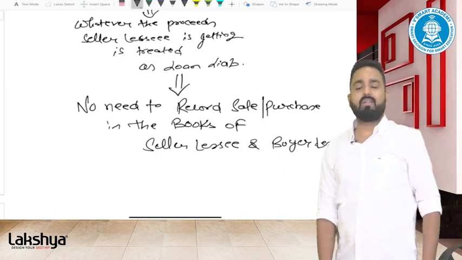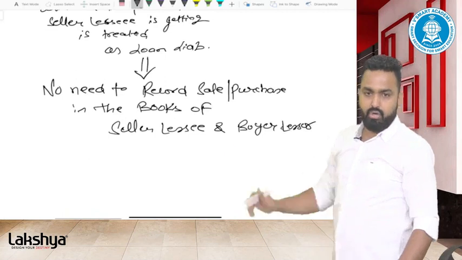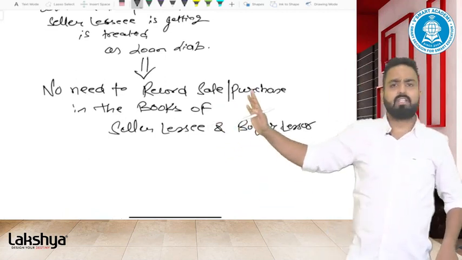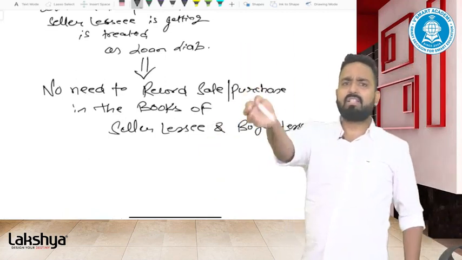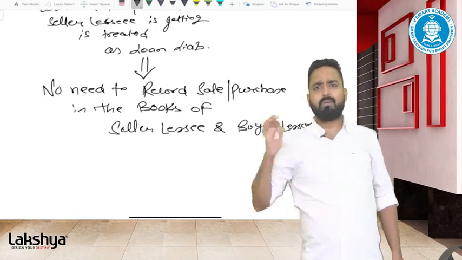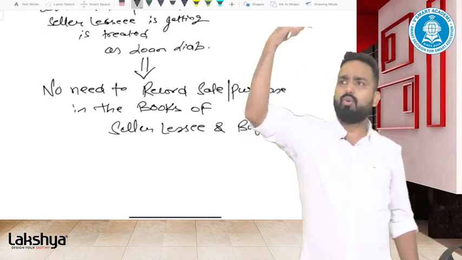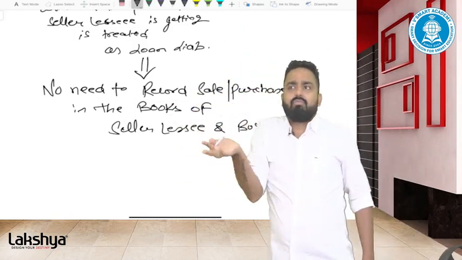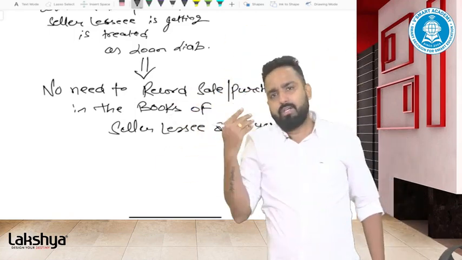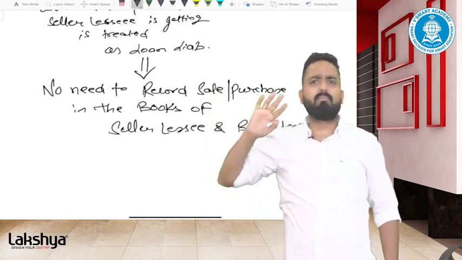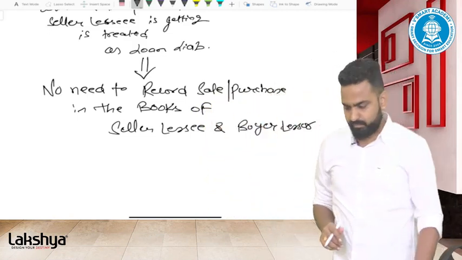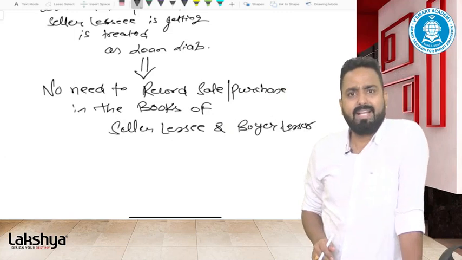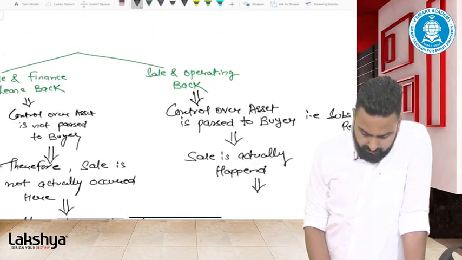Just whatever funds you got, bank account debit to loan; whatever funds the lessor has advanced, loan account debit to bank. That's it. It is simply a finance transaction. Guys, understood or not?